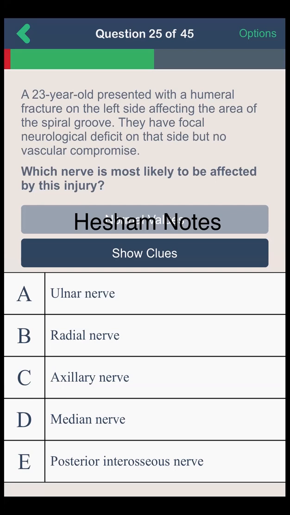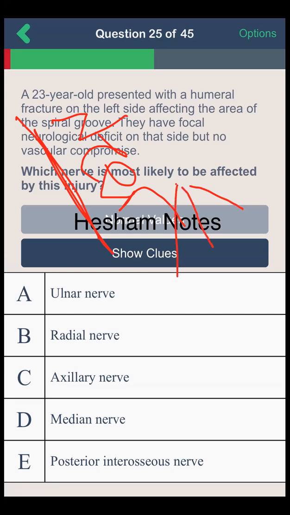Regarding fractures of the humerus, fracture neck of the humerus is classified according to Neer classification. Neer classification depends on the 4 segments which are fractured: greater tuberosity, lesser tuberosity, surgical neck, and anatomical neck.